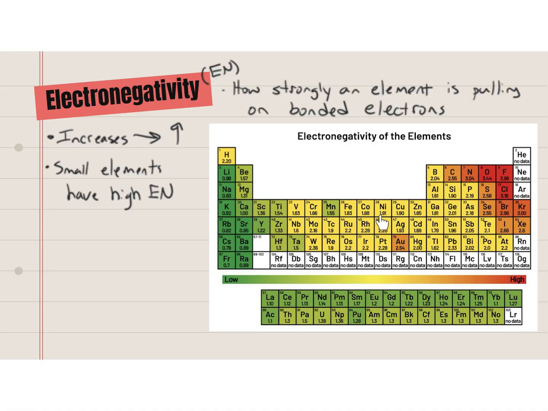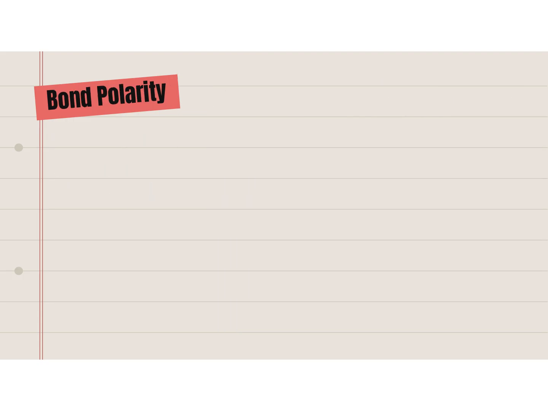Electronegativity is a unitless value that is used to measure strength of pull on bonded electrons. And you will be given and have access to a periodic table of electronegativities in order to help you calculate the polarity of a bond. So how do we use electronegativity to calculate the bond polarity, or in other words, the pull on the bonded electrons?